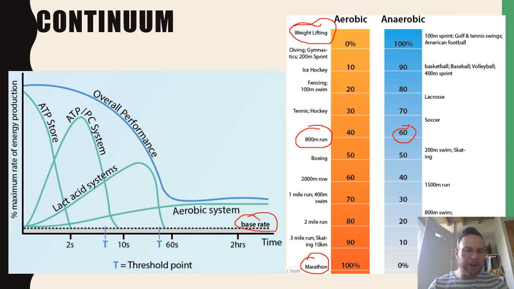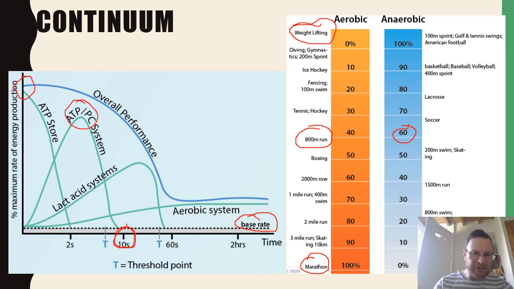So what we start with at the top left is ATP stores that are high. When we're not exercising, our ATP stores are very, very high. If we work maximally for those first 10 seconds, our ATP-PC system will provide most of the energy.